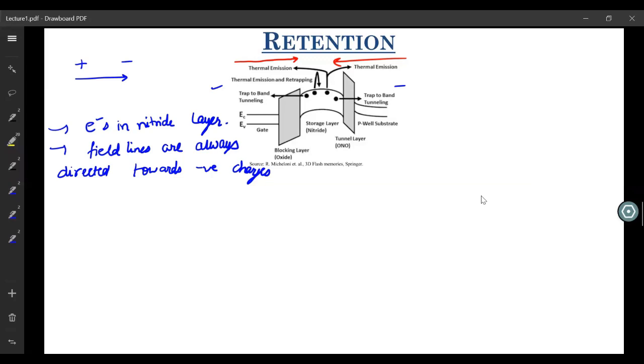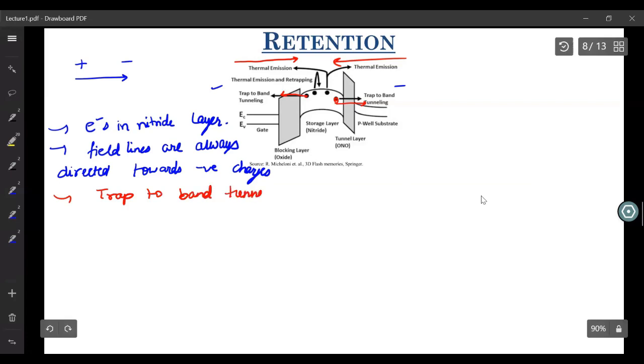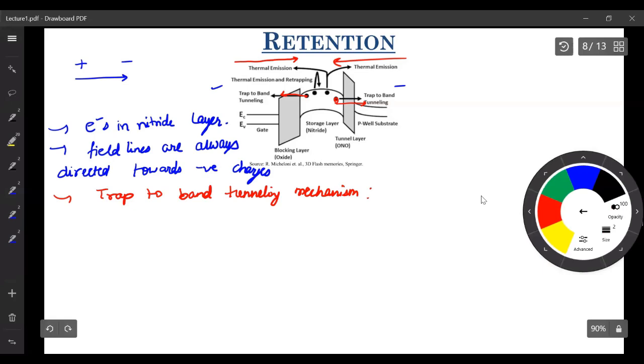So towards the left and towards the right hand side, these charges can tunnel into the substrate, or they can tunnel into the blocking layer conduction band as well. So let us first look at this trap to band tunneling mechanism. It has two components.